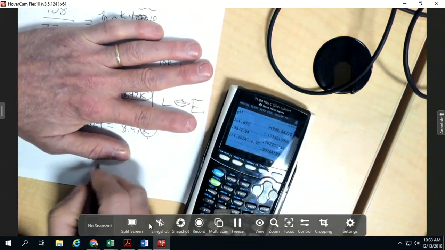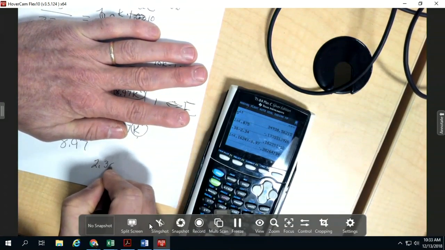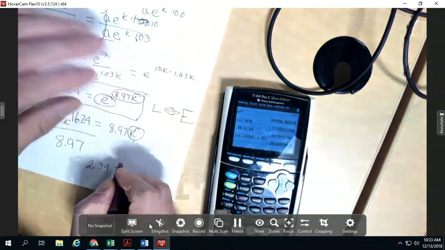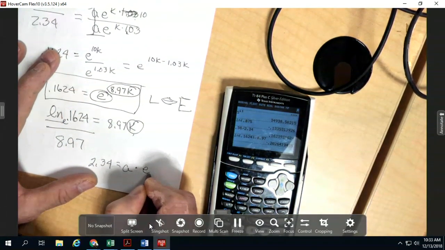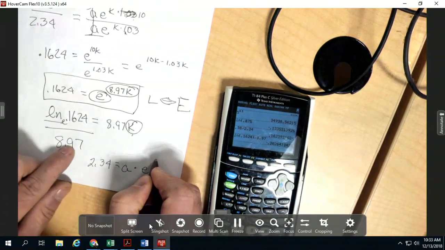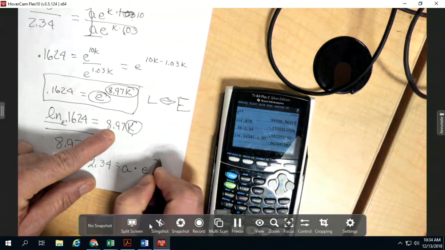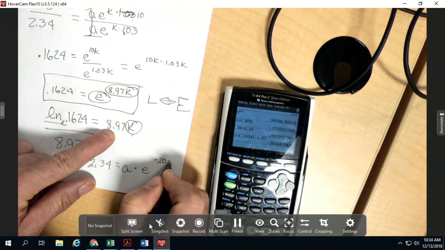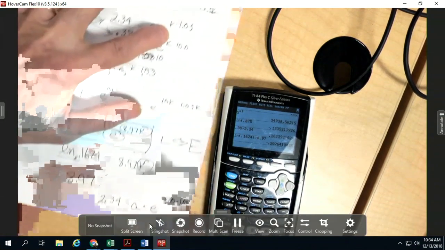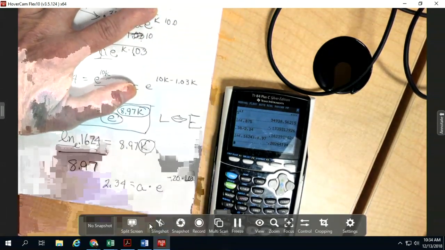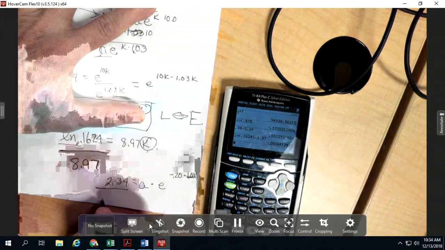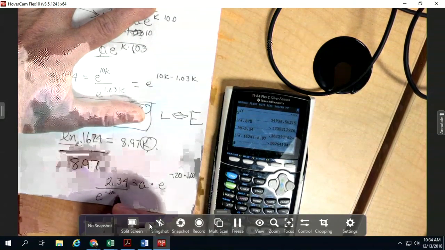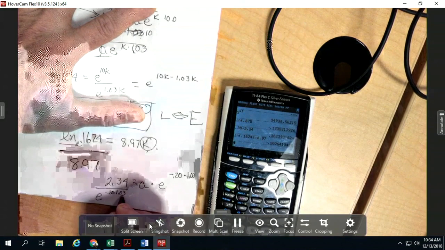So 2.34 is a times e to the negative 0.20 times 1.03. I just put in k, now that I know what k is. Or I can find a by dividing by e to the negative 0.20 times 1.03.